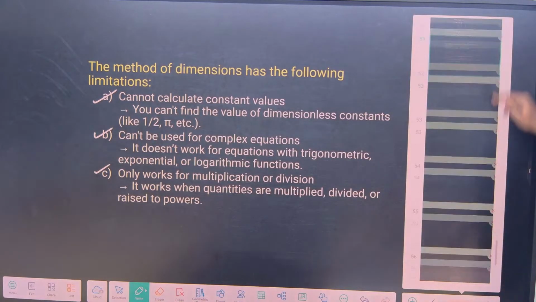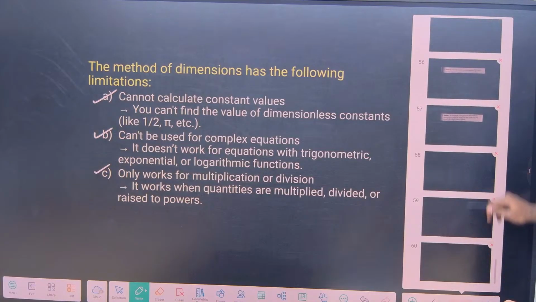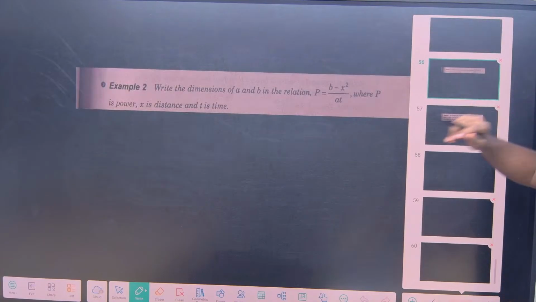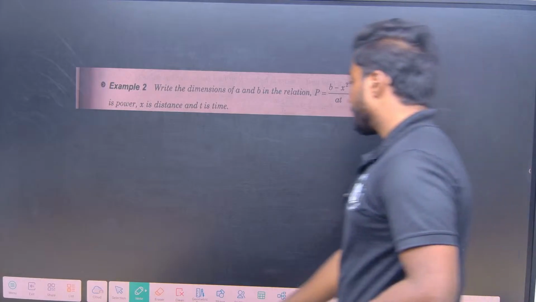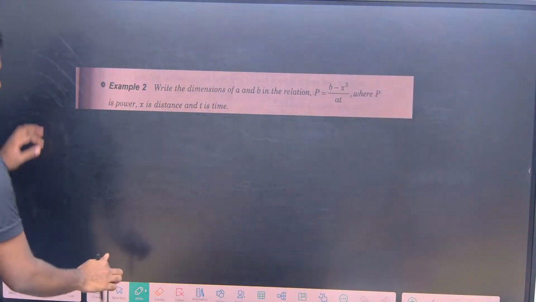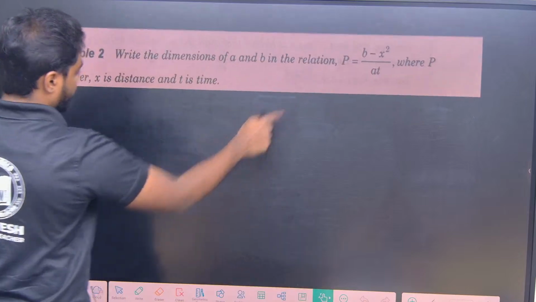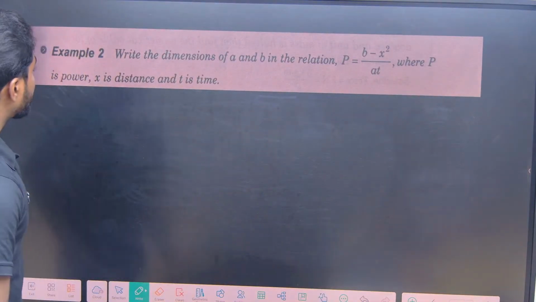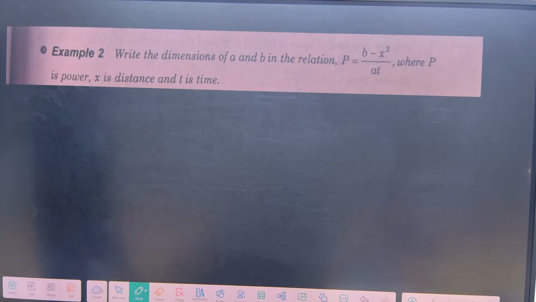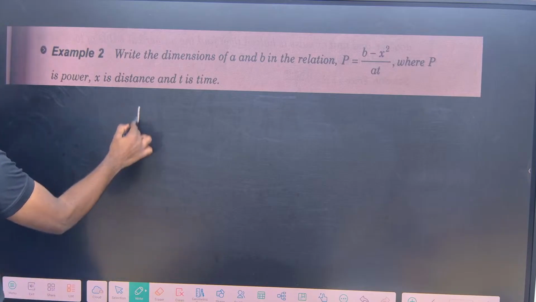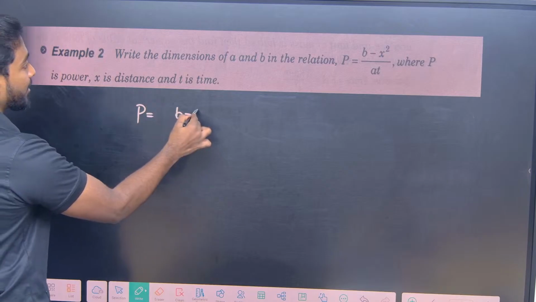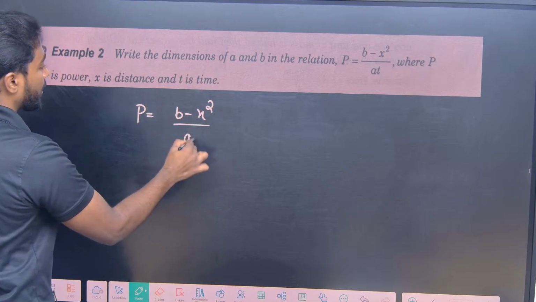Next, we'll see some questions. Here is the question, a homework question for you guys. Write the dimensions of A and B in the relation P is equal to B minus x square by At.